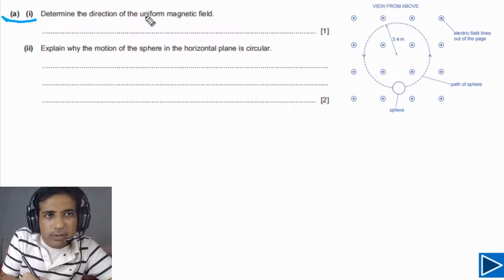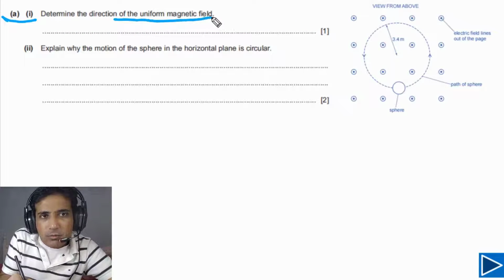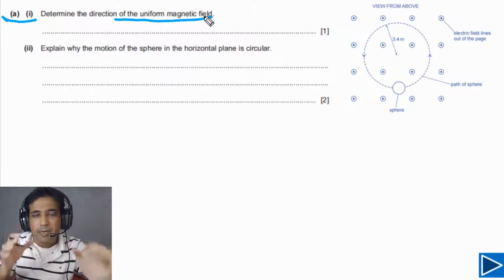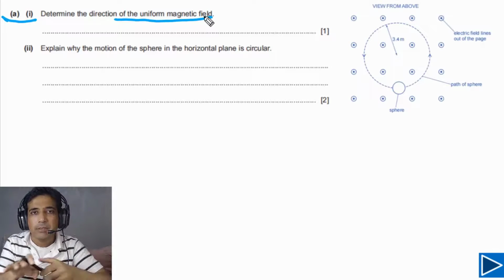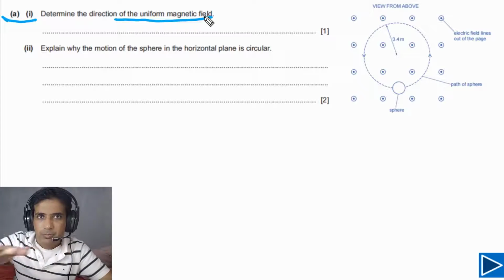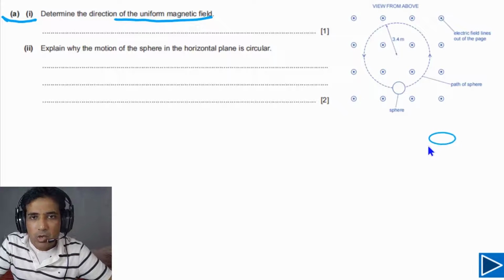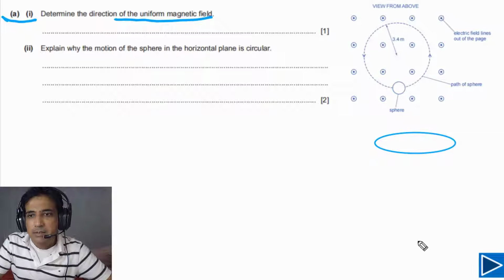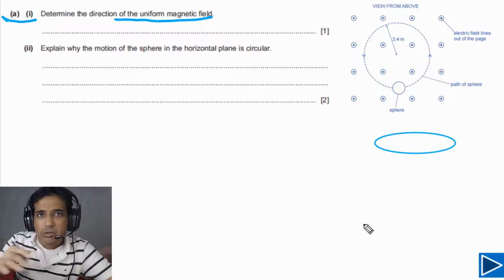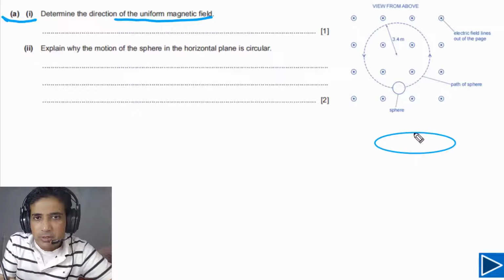For part A1, we need to determine direction of uniform magnetic field. For this question, it is given to us the particle is moving in a horizontal plane. So in order to find direction of magnetic field, we will draw first of all horizontal circle. In this circle, particle is moving in counterclockwise direction. So we can draw, this is how our particle is moving.